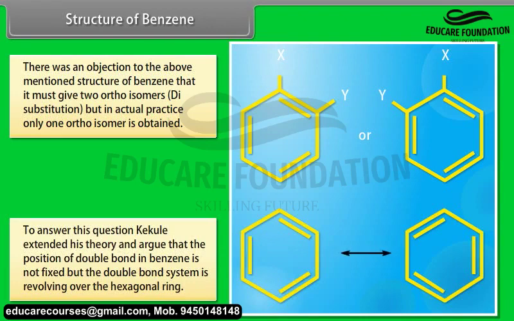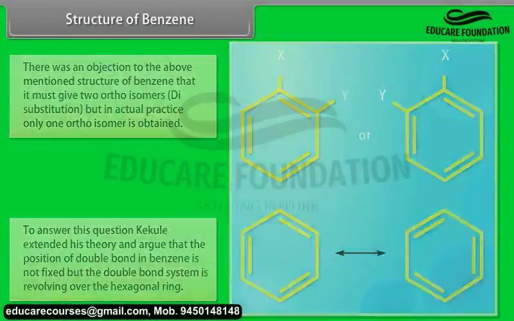To answer this question, Kekulé extended his theory and argued that the position of the double bond in benzene is not fixed, but the double bond system is revolving over the hexagonal ring. He proposed the given structures and said that all C-C positions have a partial double bond character.